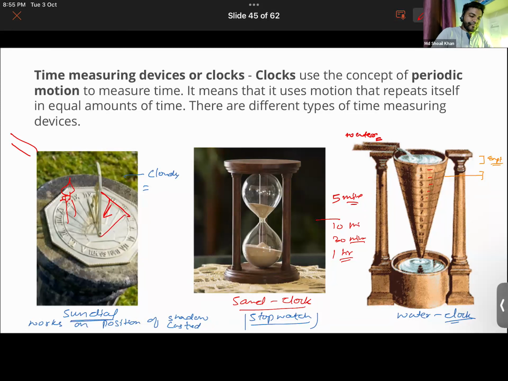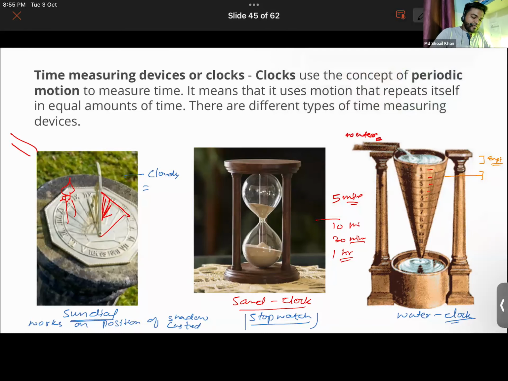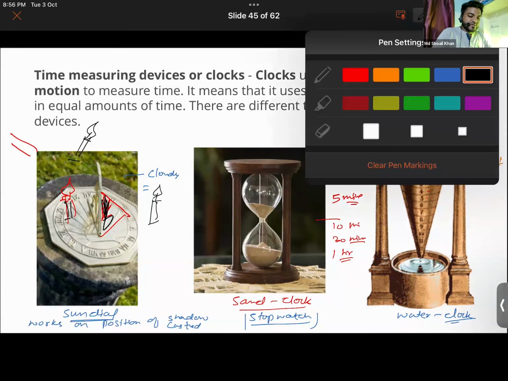But suppose someday you placed a candle here, and some other person placed a candle over here, and another over here, so we will be getting multiple readings. But the sun is fixed there in space.